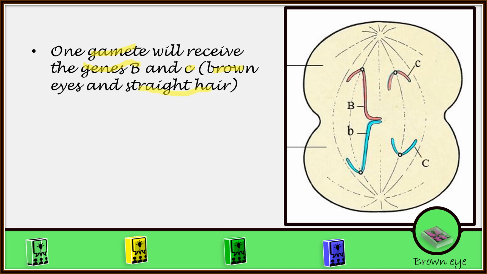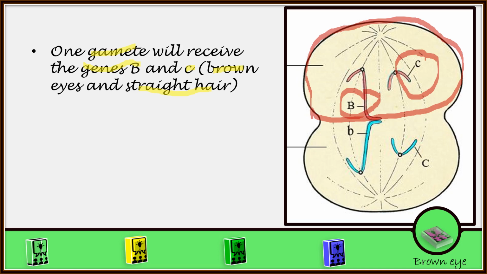So we are seeing that this cell has received the genes for the brown eyes and the straight hair. So this gamete is going to have brown eye and straight hair.